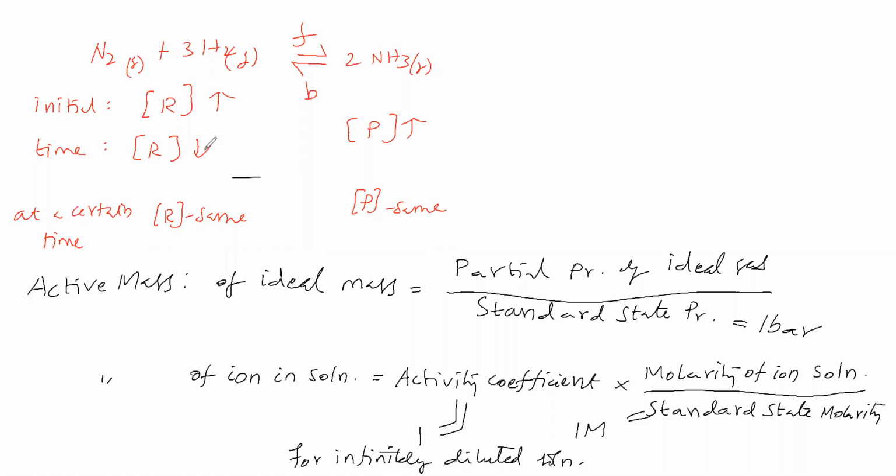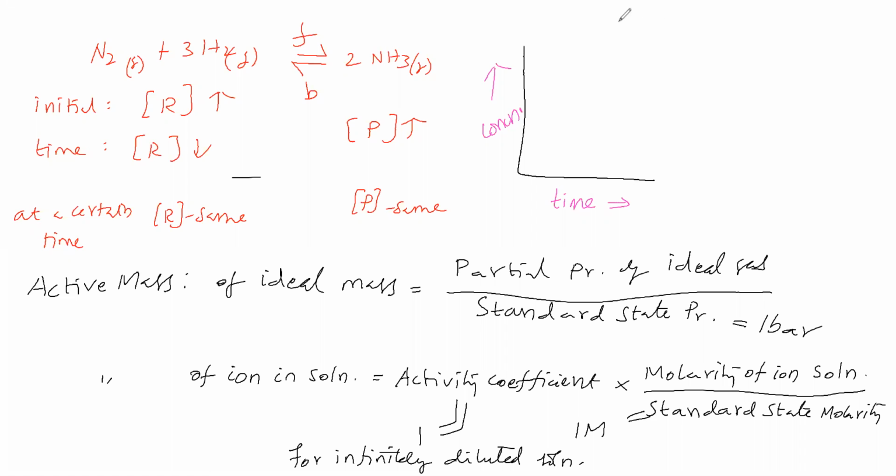So how will the concentrations of reactants and products be as time passes? We got an idea, so that graph we will draw. Here we take concentration, and here we take time. We are drawing the graph for reactants.